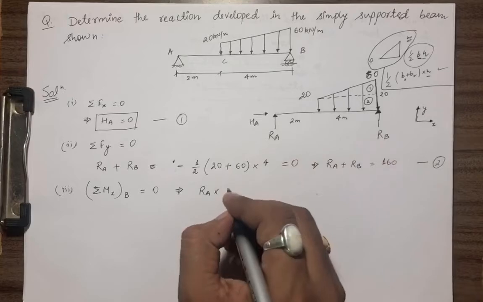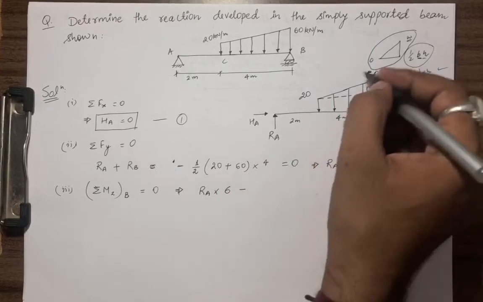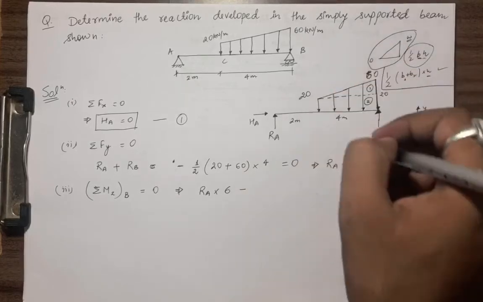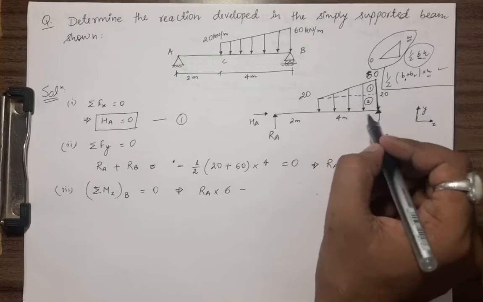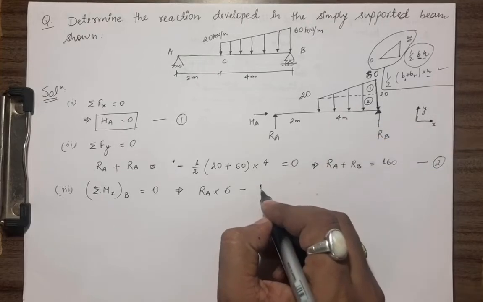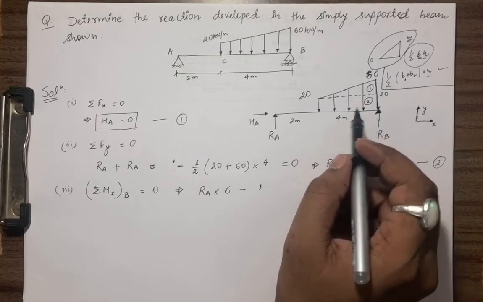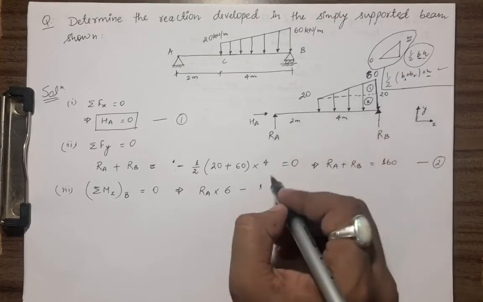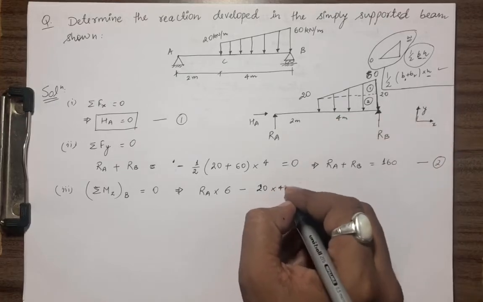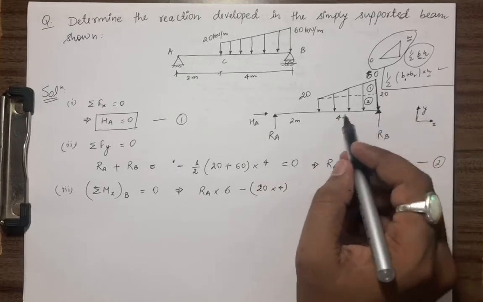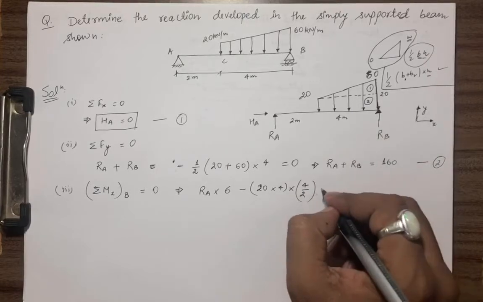For rectangular loading, both will give negative, as anti-clockwise will be treated as negative. So for rectangular loading, W is how much? 20 into 4. So this is the load, and the lever arm is 4 by 2.